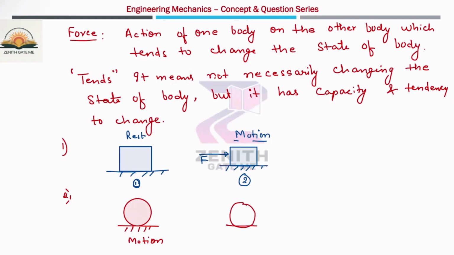Because of this force F, the body is moving in this direction. Now, once you have applied the force, let us suppose the body comes to rest. It means the force is trying to change the state of a body from rest to motion or from motion to rest. But it is not always necessarily that it will change the state of body.